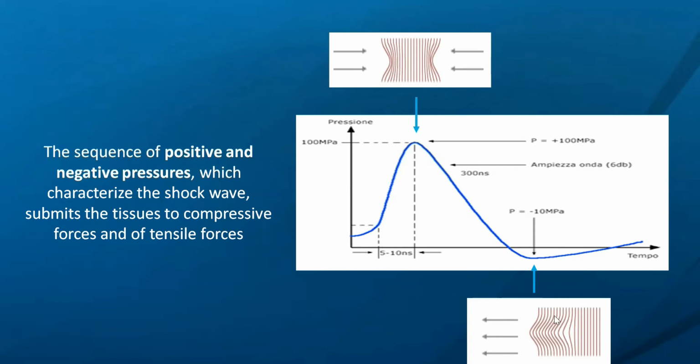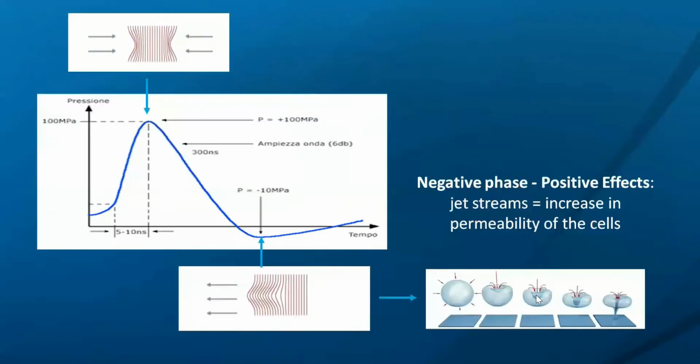The negative phase is a rarefaction wave. The sequence of positive and negative pressures normally characterizes shock waves, but this gives the tissue compressive and tensile forces, and the last one, due to the phenomenon of cavitation, can damage the cells or give discomfort to the patients.